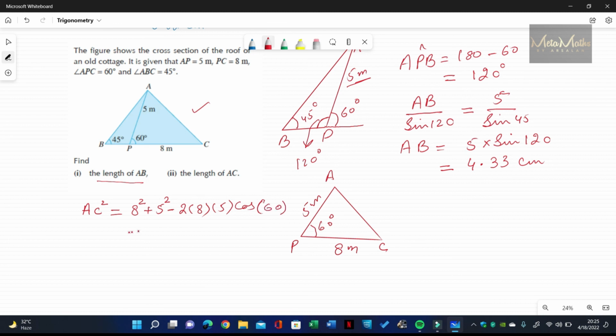Right, it is 64 plus 25 minus 2 into 8, 16, 16 fives are 80, and cos 60.